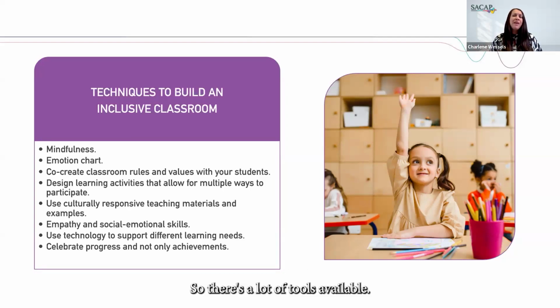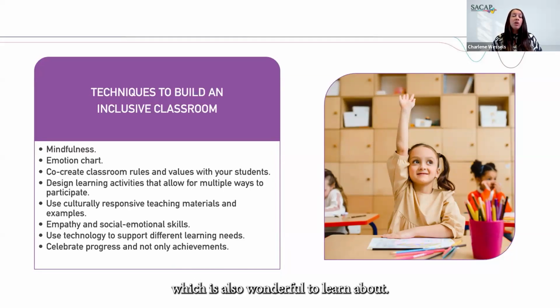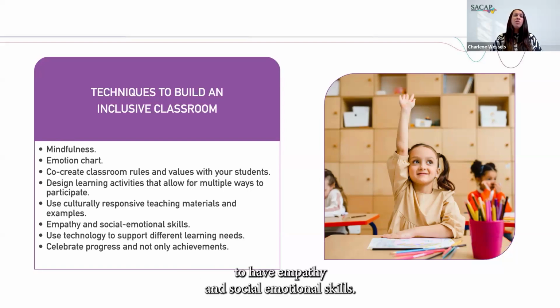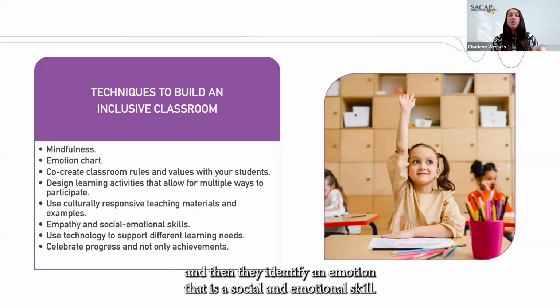So there's a lot of tools available, assistive technology, for example, for the kids that really struggle, which is also wonderful to learn about. And then, of course, to use culturally responsive teaching materials and examples, to have empathy and social emotional skills. The chart that I told you about in terms of when the kids come into the class and then they identify an emotion.